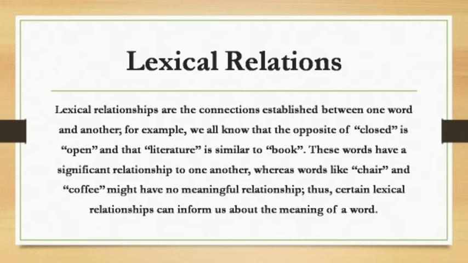These words have a significant relationship to one another, whereas words like chair and coffee might have no meaningful relationships. Thus, certain lexical relationships can inform us about the meaning of a word.